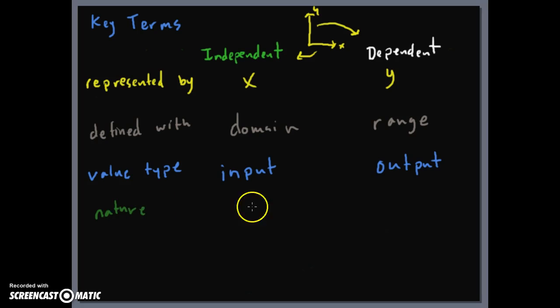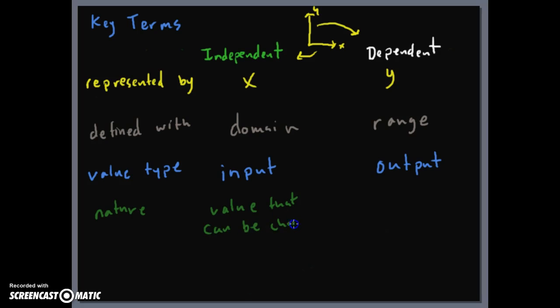And then the last definition is the nature of the variables themselves. And we've already hit on this. The idea is very intuitive, so sometimes it's very challenging to explain because it's very natural to us. But the nature of the independent variable is it's a value that can be chosen freely.